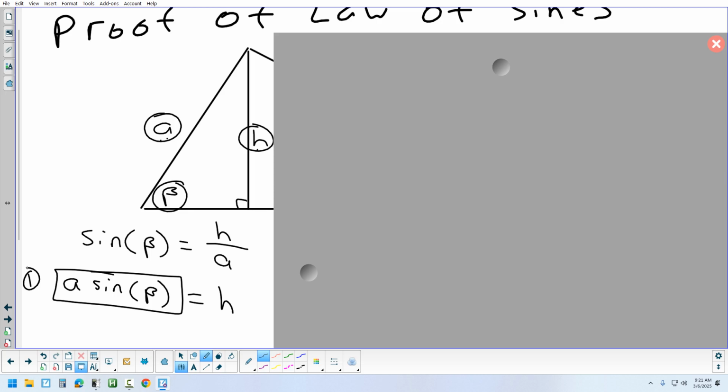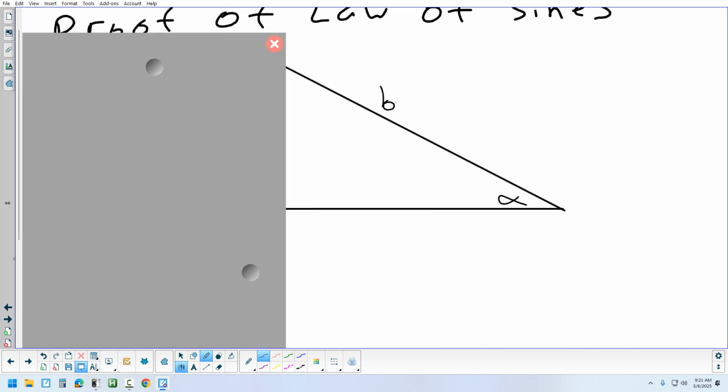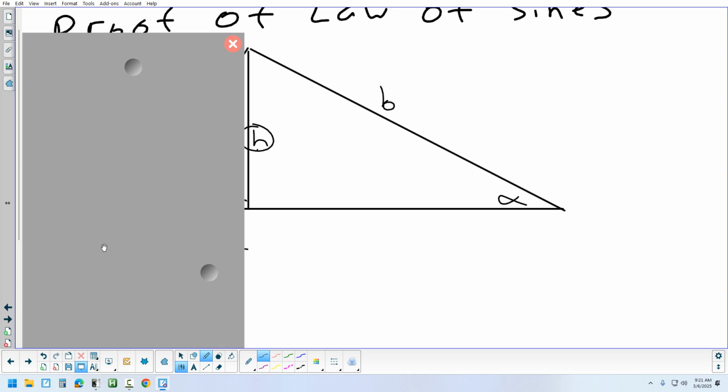Let's do the same thing again. This time, let's look at that one. Okay, I want to find a formula, again, and it's going to involve this, this, and that. What position is side H now relative to alpha? Yeah, the opposite side.